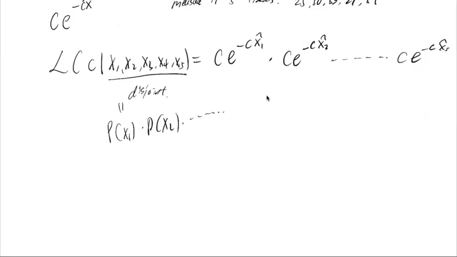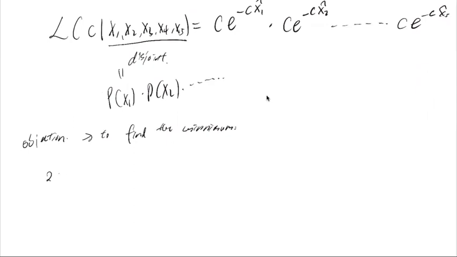So remember, the objective of maximum likelihood is to find the optimum. We have 2 ways to find it.